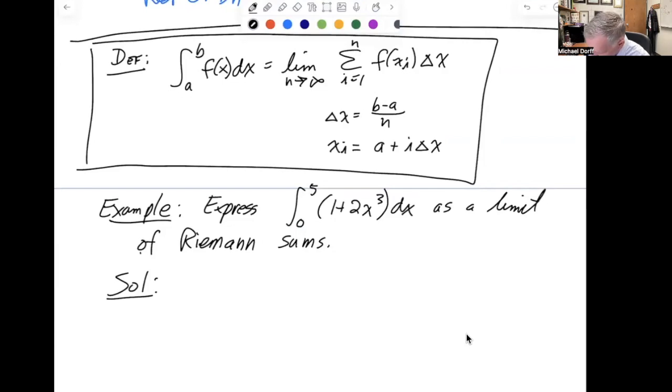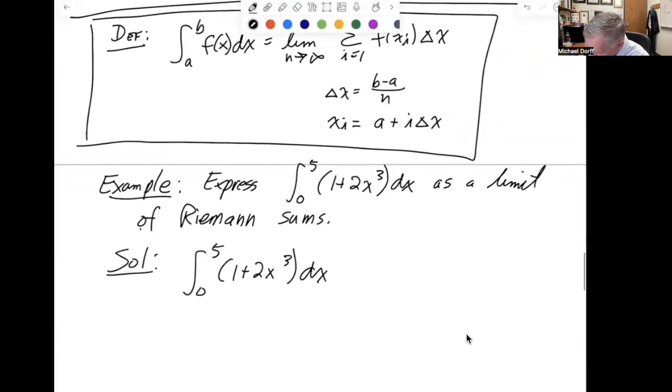So we're given 0 to 5 of 1 plus 2x cubed dx. So this is telling me that my function, my integrand, is 1 plus 2x cubed. My a is 0, and my b is 5.